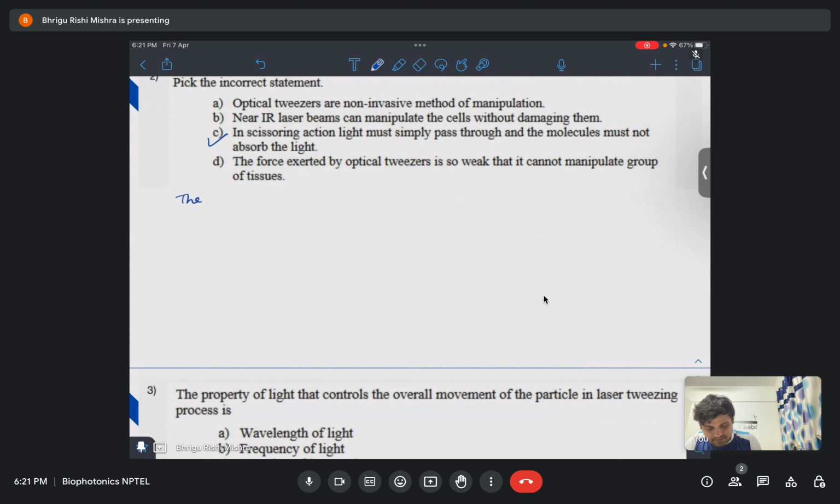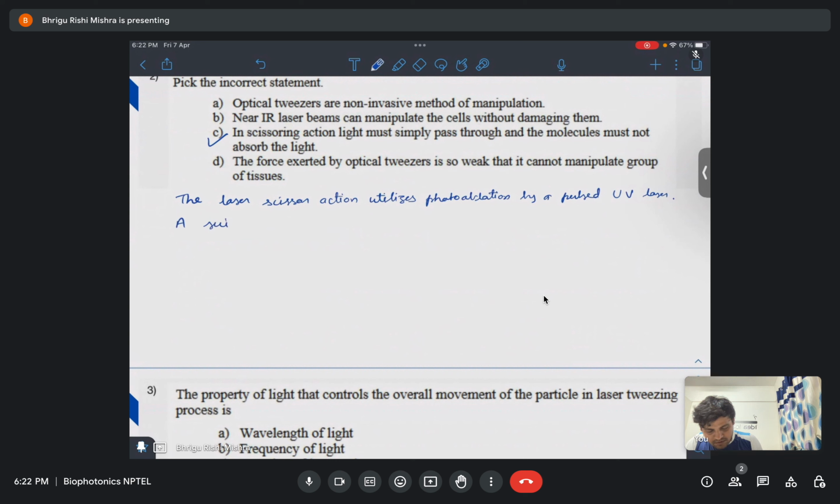The laser scissor action utilizes photoablation by a pulsed UV laser.